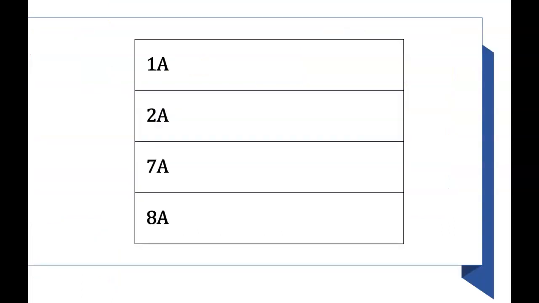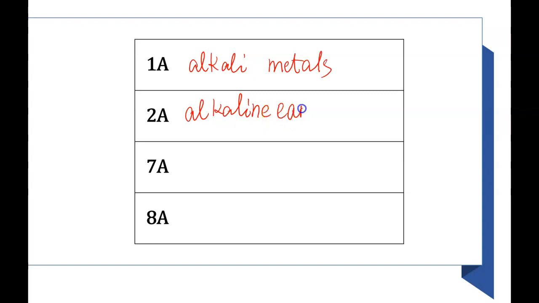Some main groups have specific common names. So instead of saying 1A main group, I will say alkali metals. Instead of saying main group 2A, I would say alkaline earth metals.